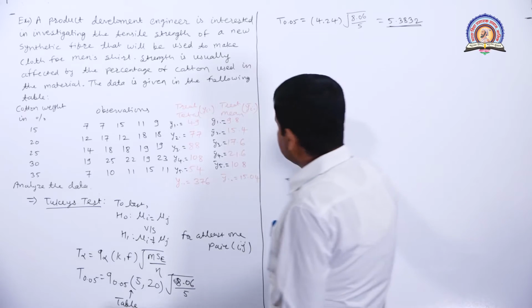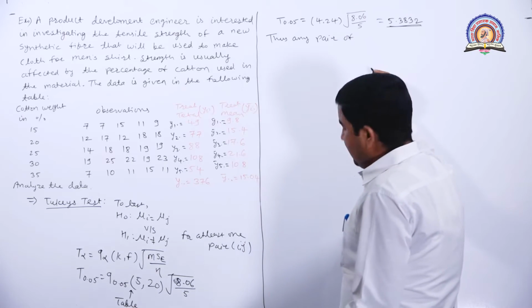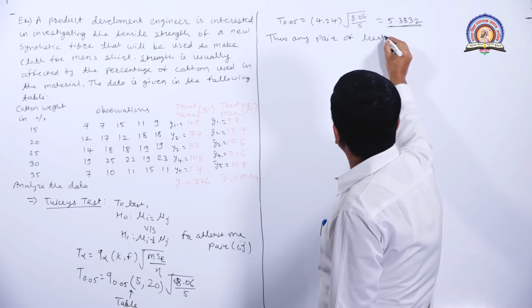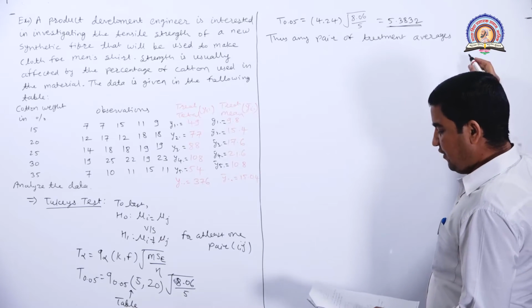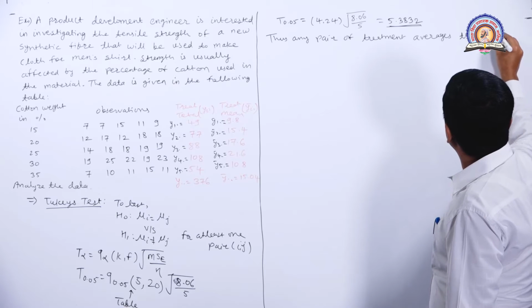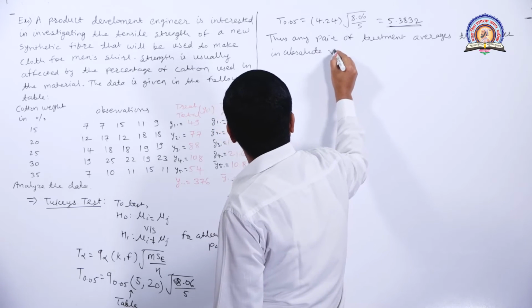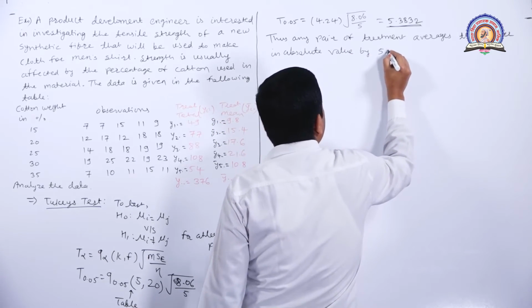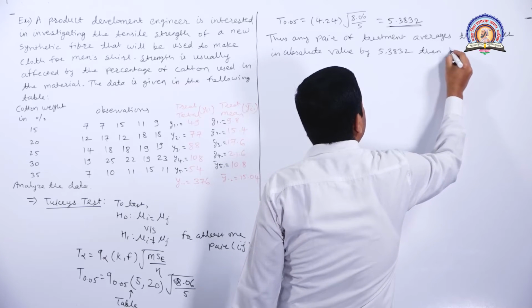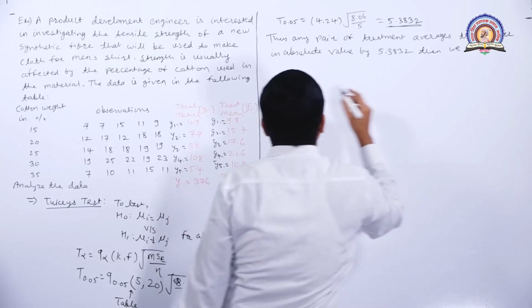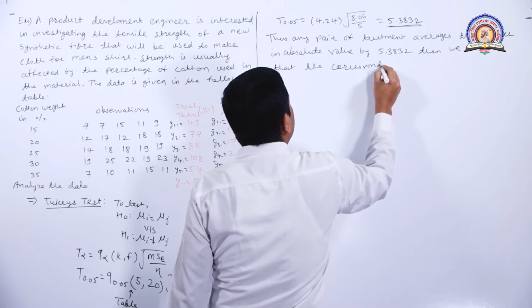So any pair of treatment averages that differ in absolute value by more than 5.3832, then we can say that the corresponding treatment means differ.